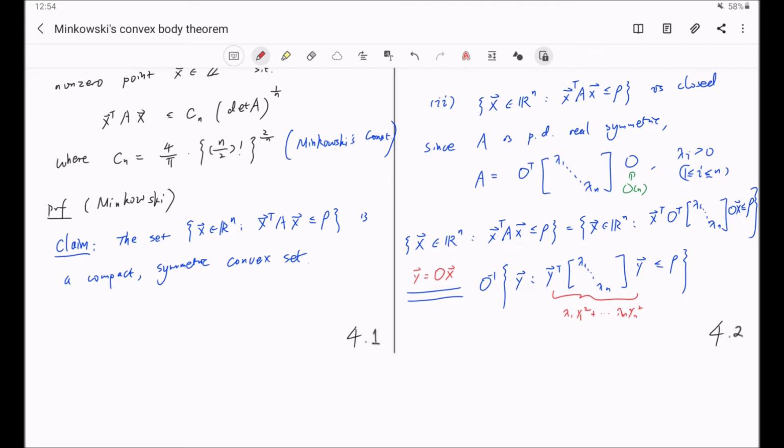we have from here that y sub i squared is bounded by rho divided by lambda sub i for any i from 1 to n. This inequality tells you that the norm of y has an upper bound, which tells you that this subset is bounded.